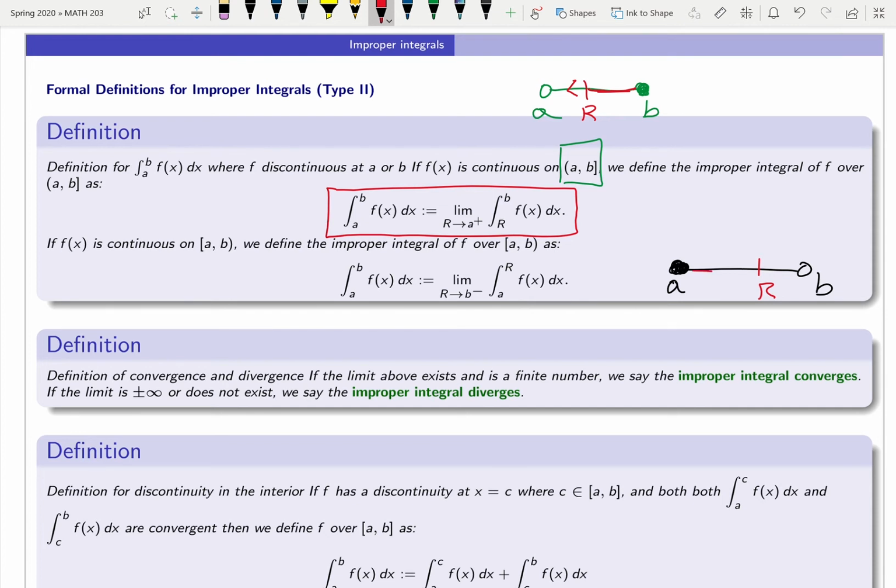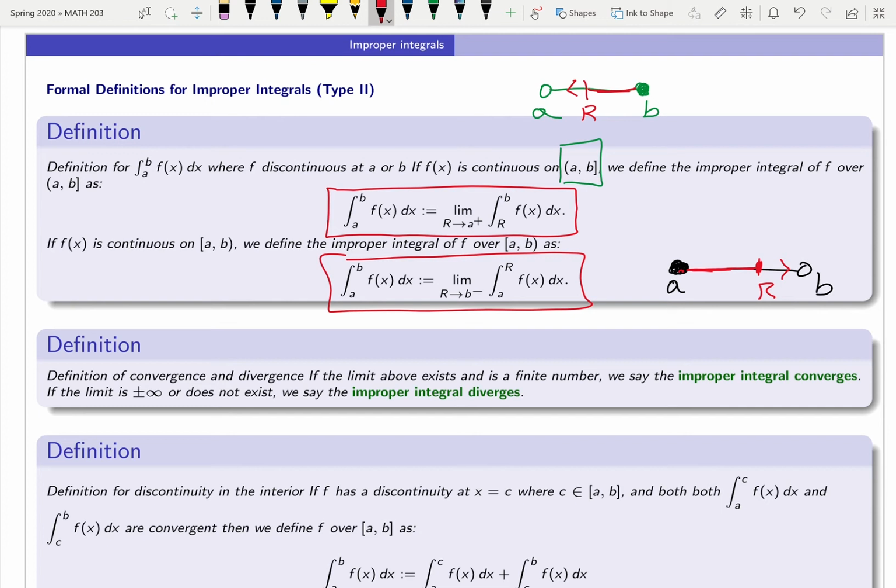You compute the integral from a to r, which can always be found. This is going to be an expression in terms of r, and then you let r approach b from the left, so that's why you have the limit when r approaches b minus of the integral from a to r of f of x dx.